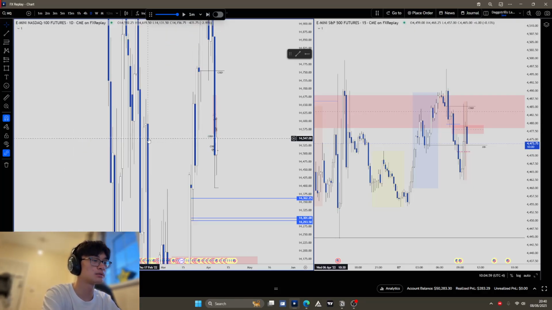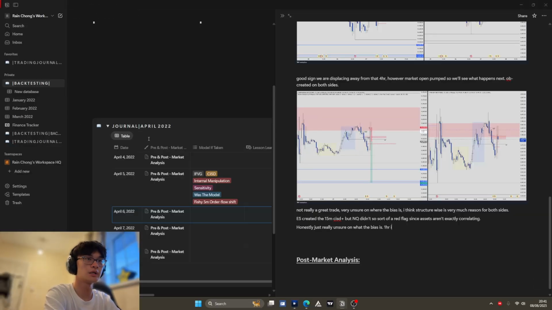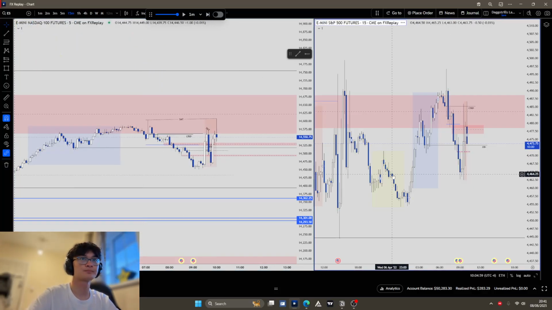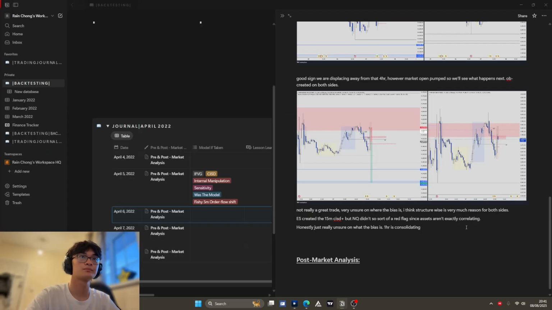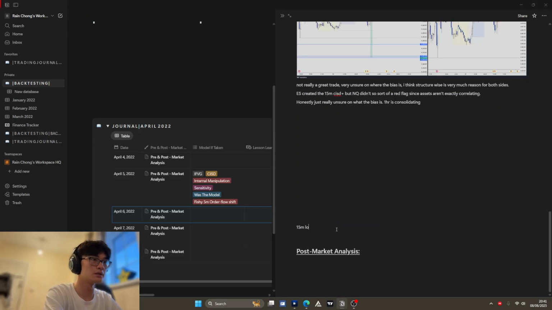Take a look at the daily. 4 hour, 1 hour. One hour is consolidating. 1 minute looks really good.